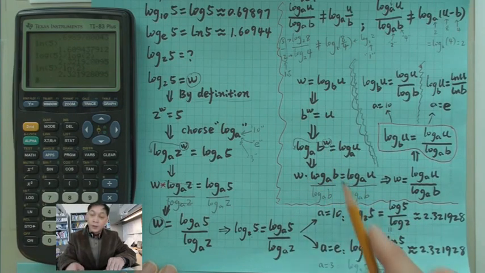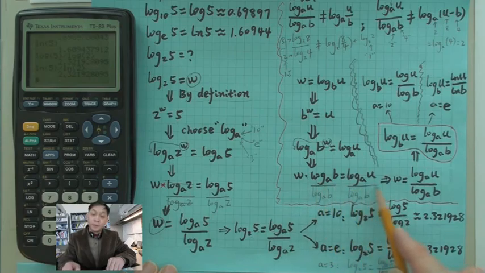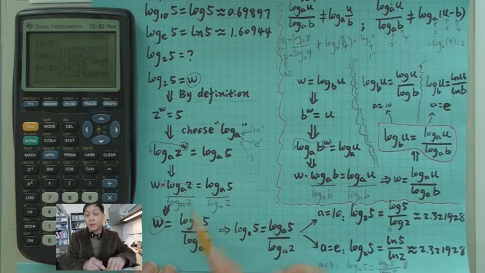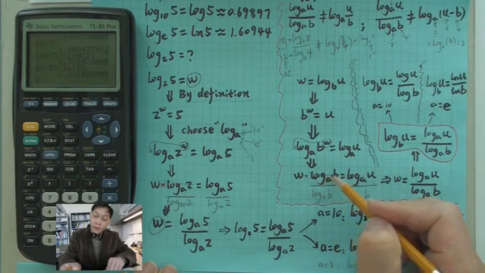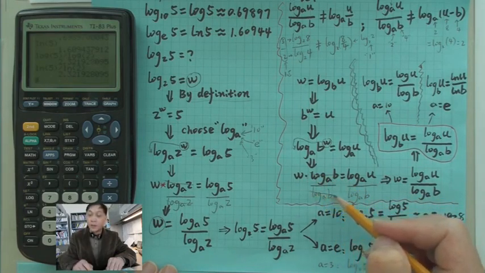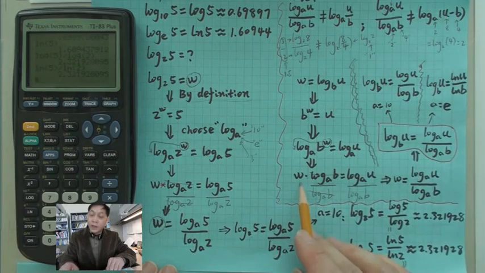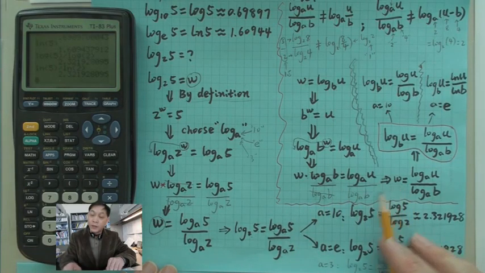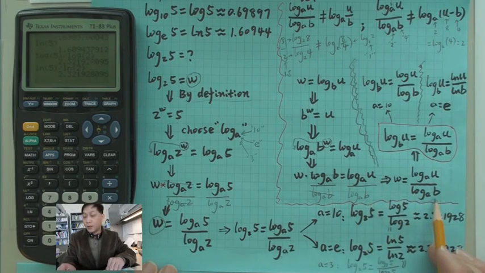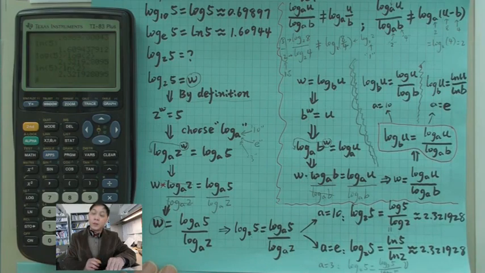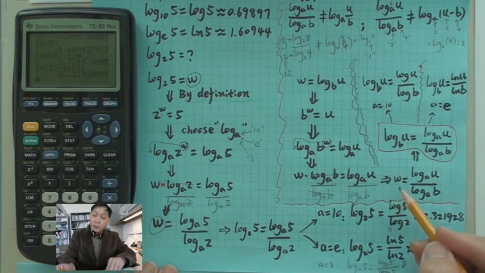Then it's divided by log base A of B, like the one we did here. You may cancel that. So the left-hand side has W left, and the right-hand side has log base A of U divided by log base A of B. Again, what was our W?